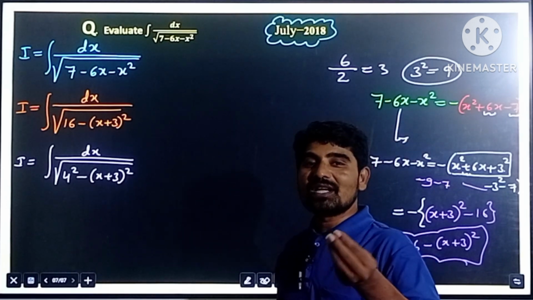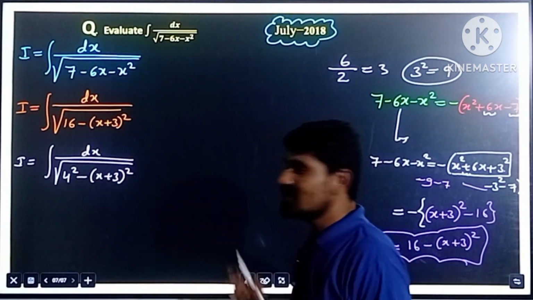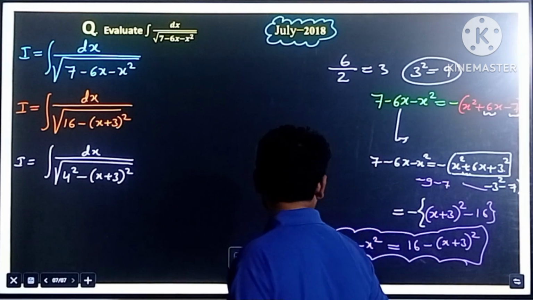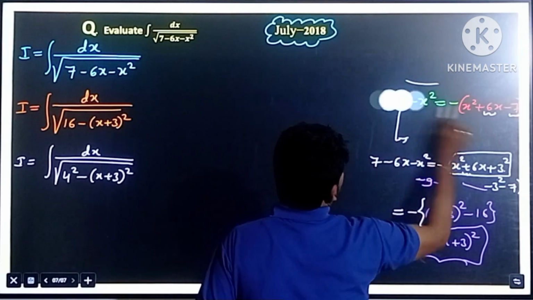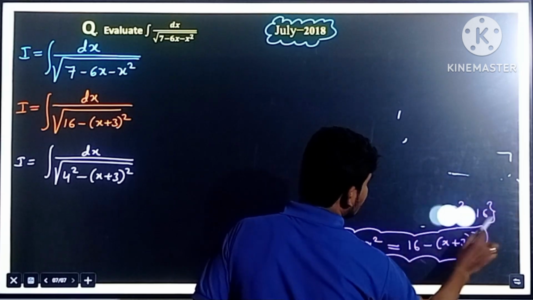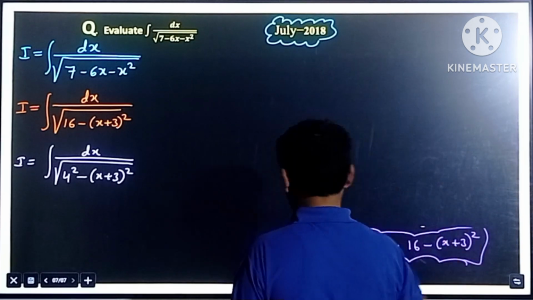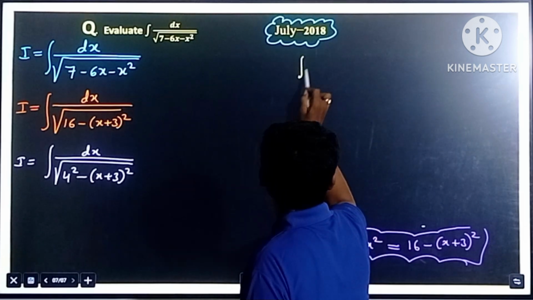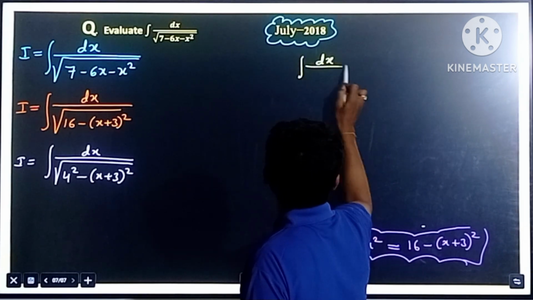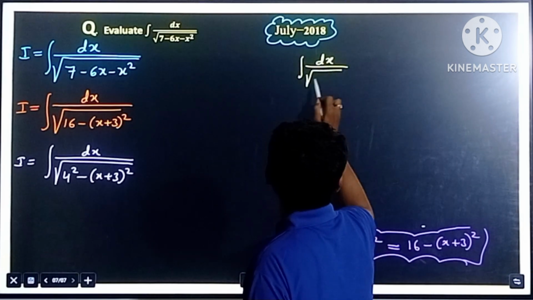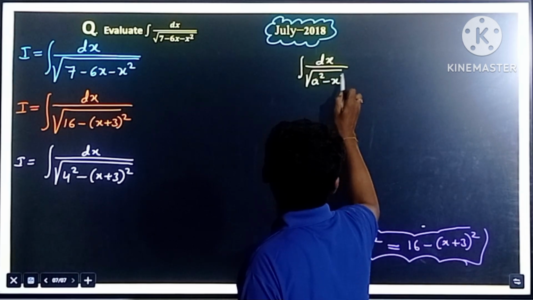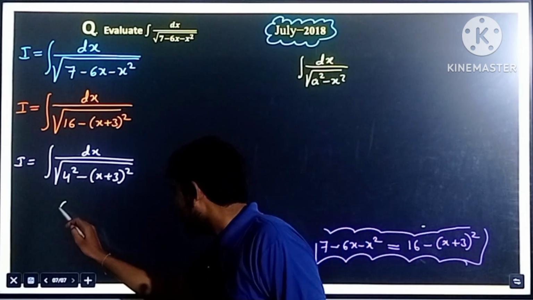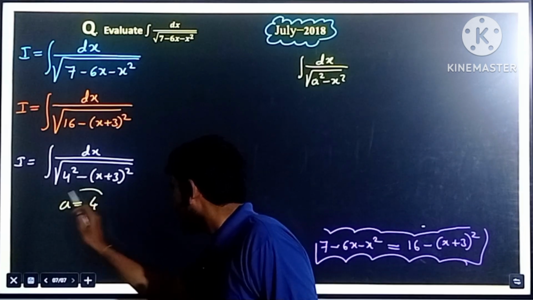We have one particular function form in this format. That is, integration of dx divided by square root of a square minus x square, where a is 4.